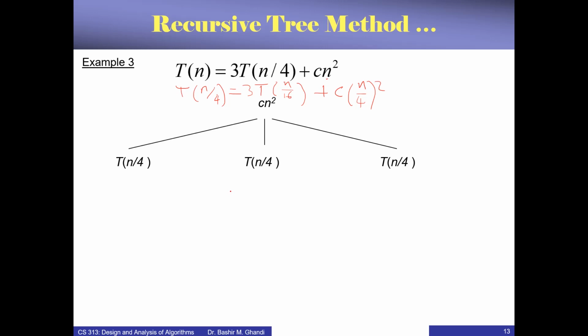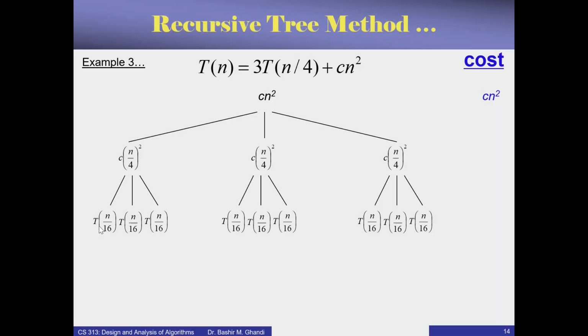Just by substituting n/4 into the original equation, we will be able to obtain what T(n/4) is. Therefore, instead of T(n/4), we can actually have c(n/4)², and then we will have 3 other branches, each of T(n/16).